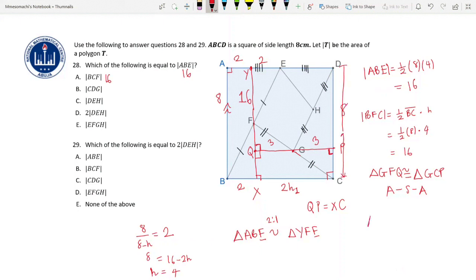So it means the area of triangle CDG equals half times 3 times 8. That's half base times height. So this is just going to be 12. So the area of triangle CDG is 12.